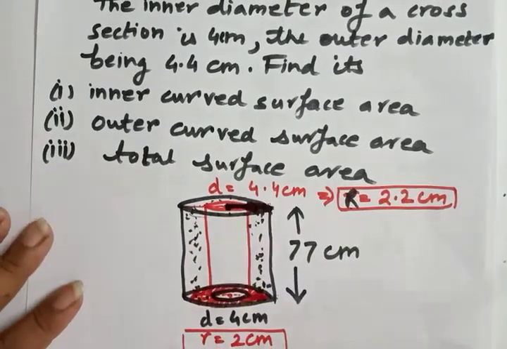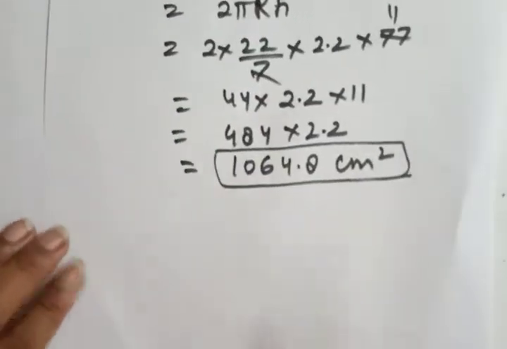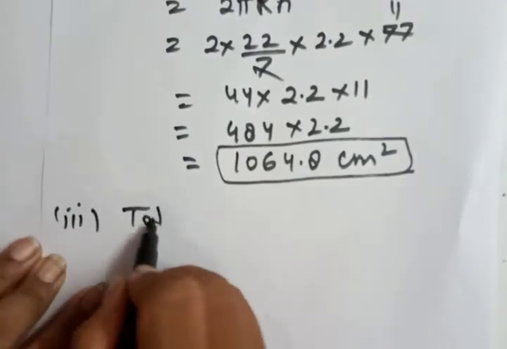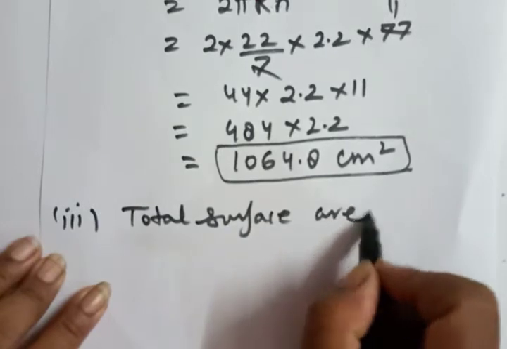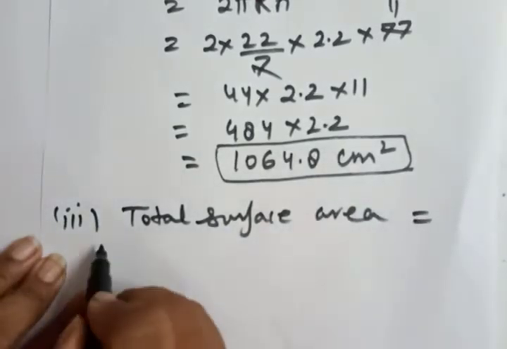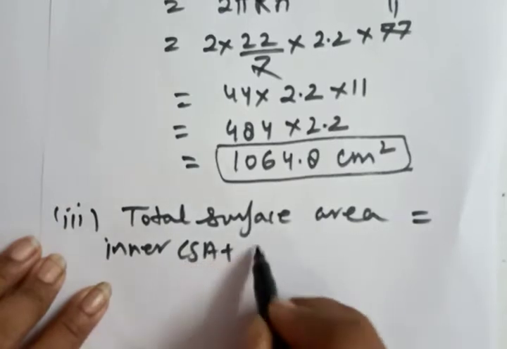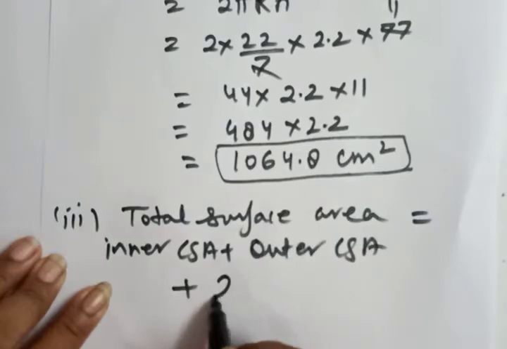Yes, so the total surface area will equal to inner curved surface area plus outer curved surface area plus twice.